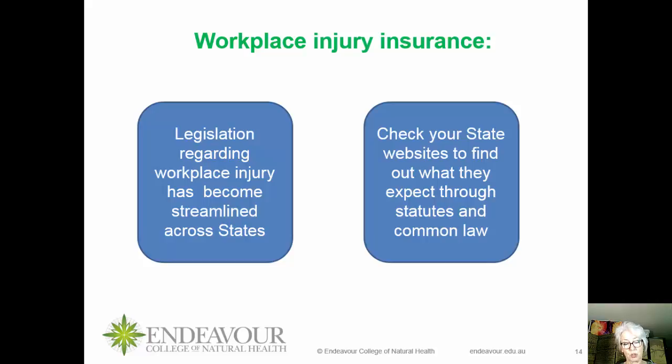Due to this streamlining process that took place in 2012, we have a broad legislative cover which allows movement through the states, but also ensures uniformity through the states. So check your state websites to find out what they can expect through statutes and common law.